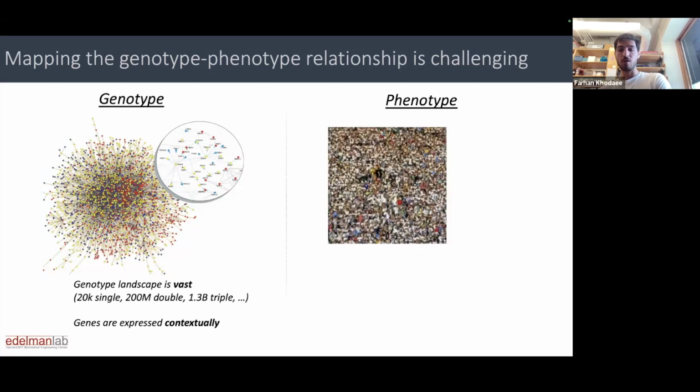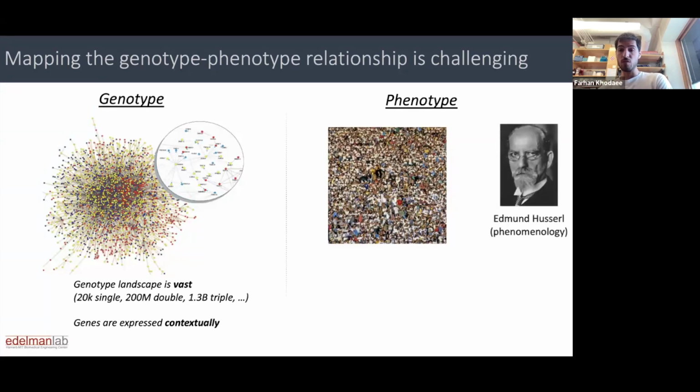On the other hand, phenotypes are also massive. The landscape of phenotypes that we see is huge. We have different species, in multicellular organisms we have different cell types, and we have different tissues. In humans, we have a huge amount of diversity in phenotypes between species and different cell types.